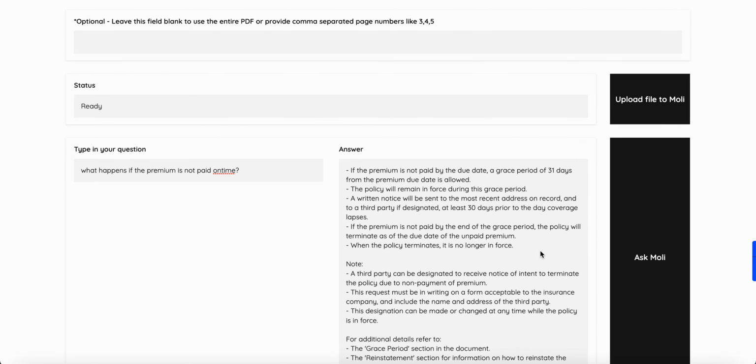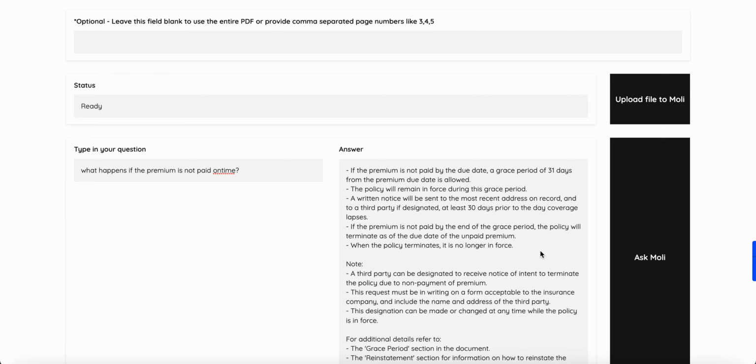Now, for this particular question, what the software is saying is, if the premium is not paid by the due date, then you have a grace period of 31 days. And if the premium is not paid by the end of the grace period, then the policy will terminate as of the due date of the unpaid premium.